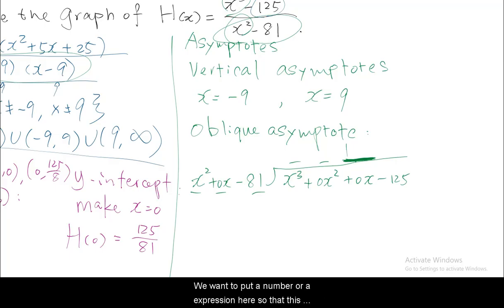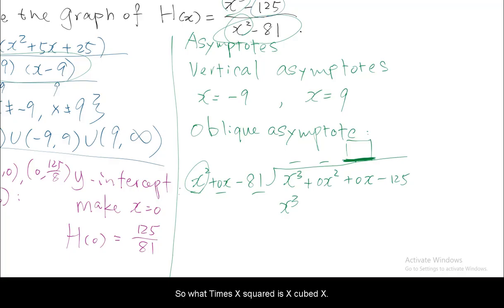We want to put an expression here so that this times x squared will give us x cubed. So what times x squared is x cubed? x. All right, so x times x squared is x cubed. Keep going. x times 0x, that's 0x squared. x times negative 81, that's negative 81x.